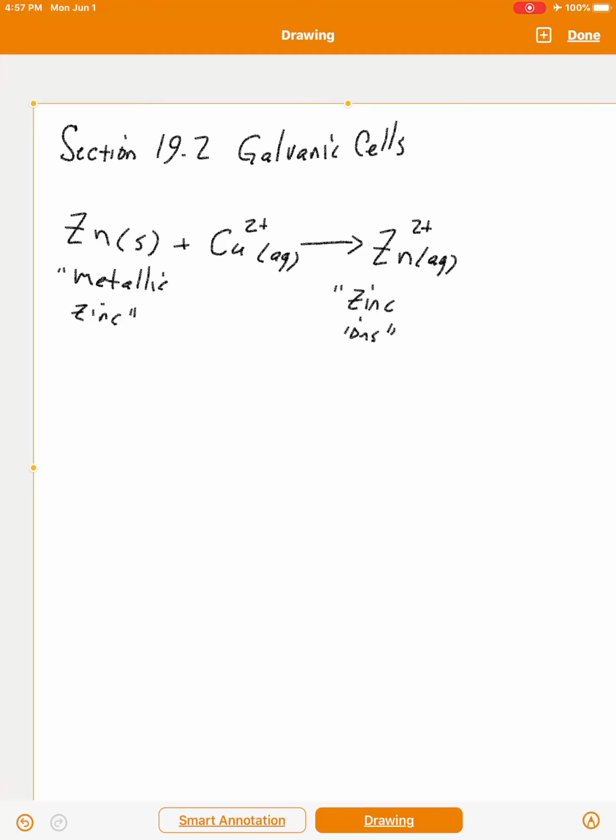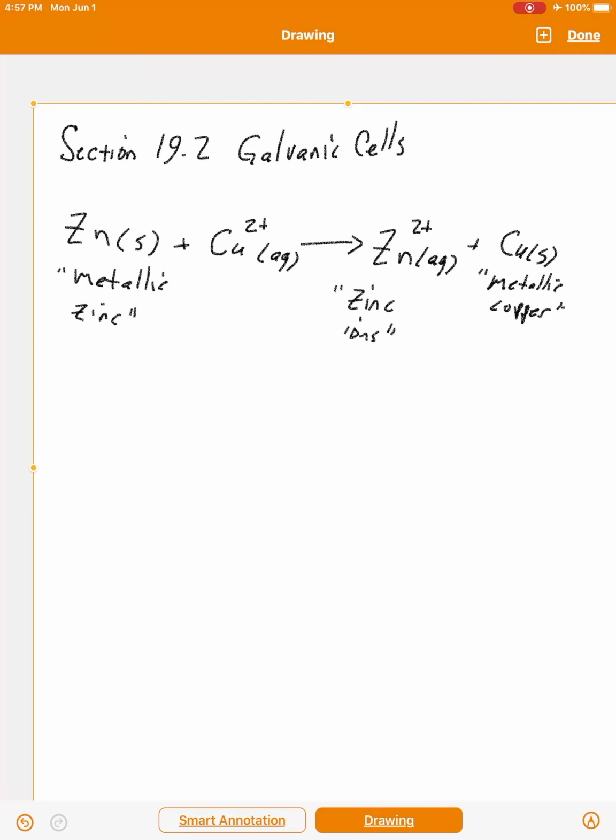And remember, ions dissolve in water. And the copper will get reduced into a solid, into metallic copper. Okay, so ions and elements.